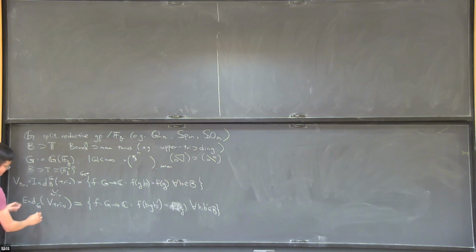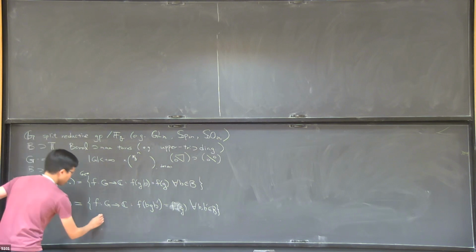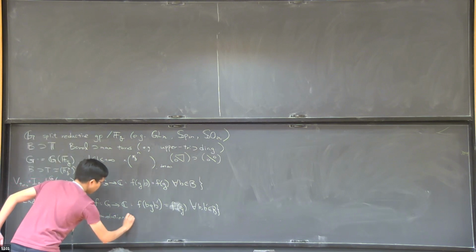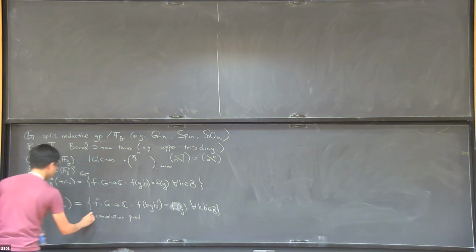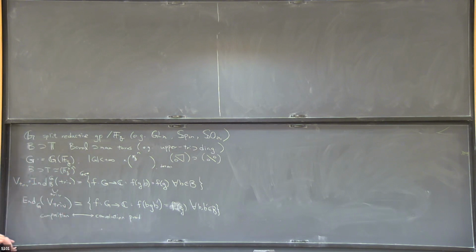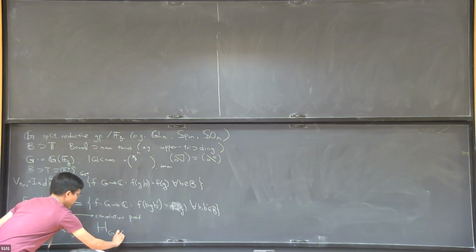On the left-hand side, the multiplication is composition, and on the right-hand side it is the convolution product, because G is a finite group. And this is the so-called Hecke algebra, which I denote as H(G,B).